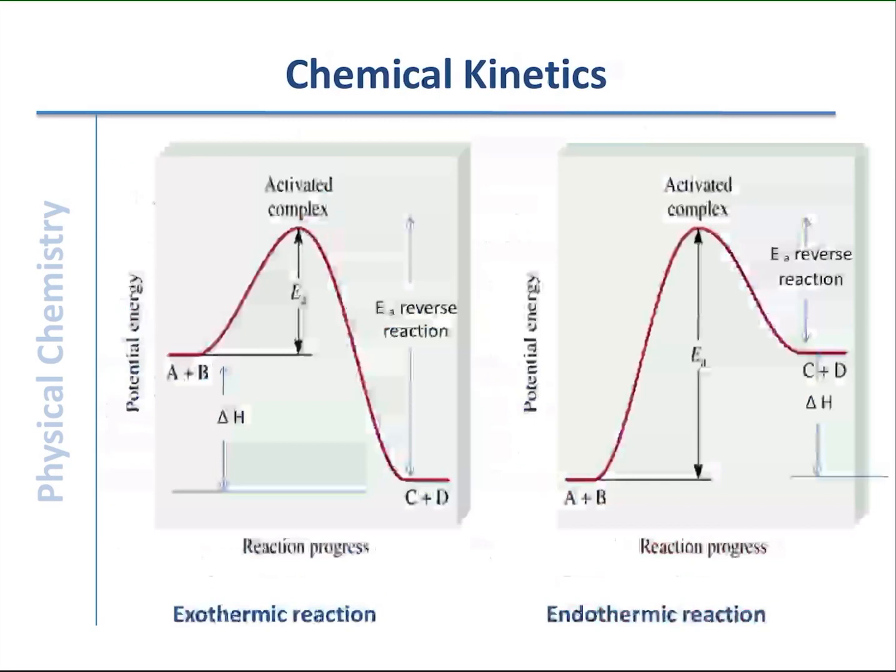These two graphs show effectively what we said in the last slide about activation energy. What is activation energy? It is the difference in energy between the reactants in the beginning of the reaction and the activated complex or transition complex here. This is the activation energy, E capital A small.